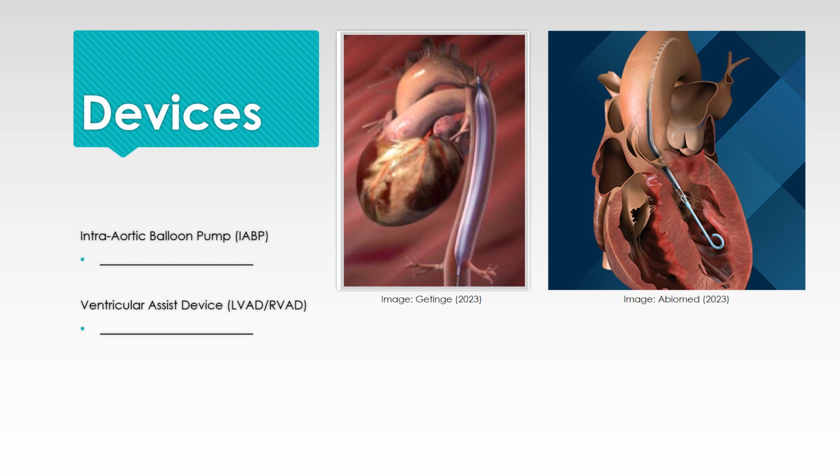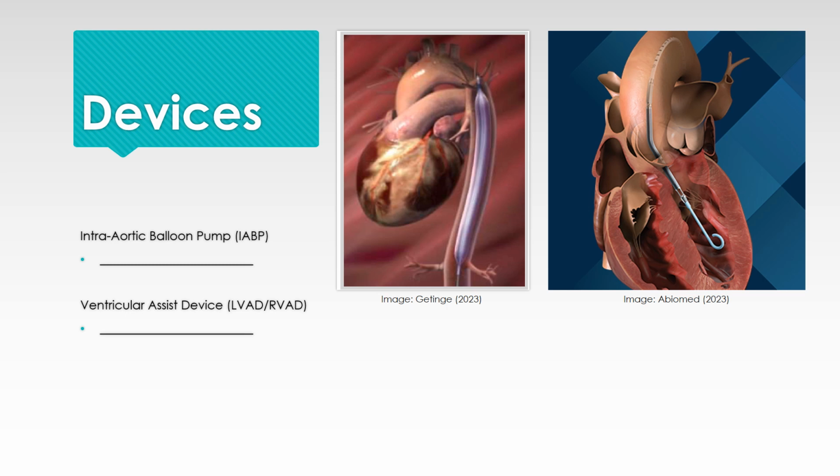And the whole point of this is to increase the oxygen supply to the heart. And this whole process of inflating during diastole and deflating during systole is that it reduces the left ventricular afterload and again supplies more oxygen to the heart. So the balloon pump we usually use for afterload issues.